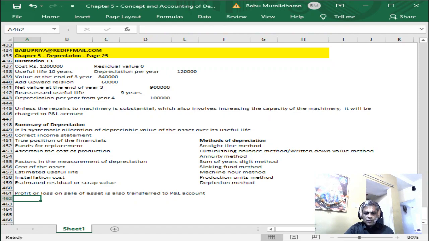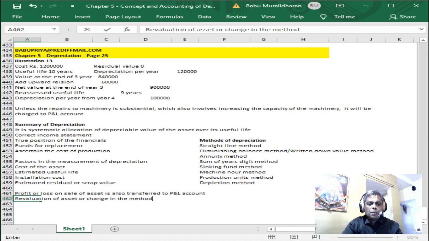We also saw revaluation, right? Revaluation of an asset, or change in the method of depreciation, or change in the value of the asset during its useful life.